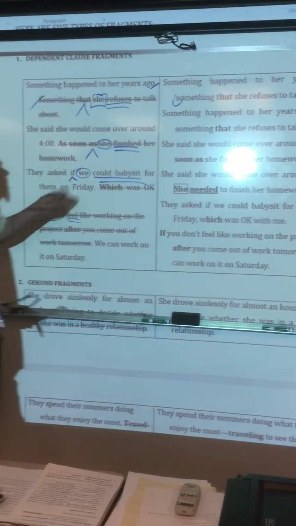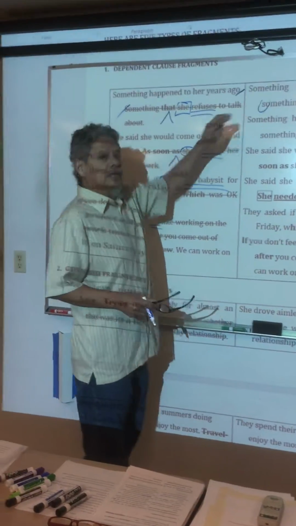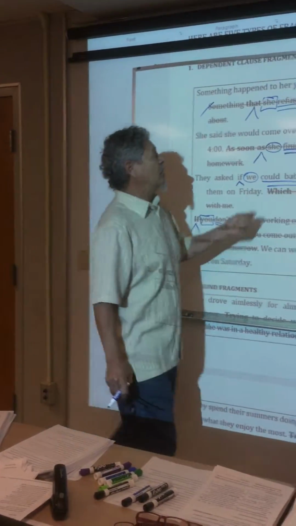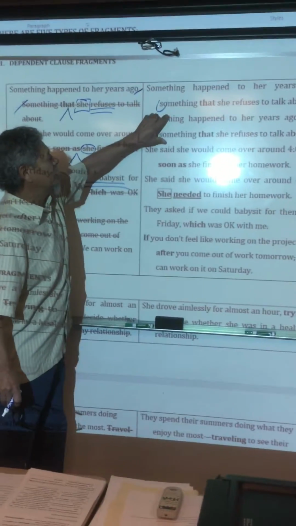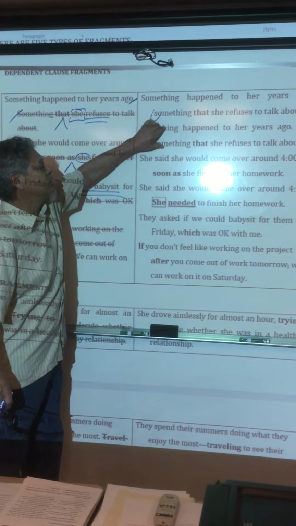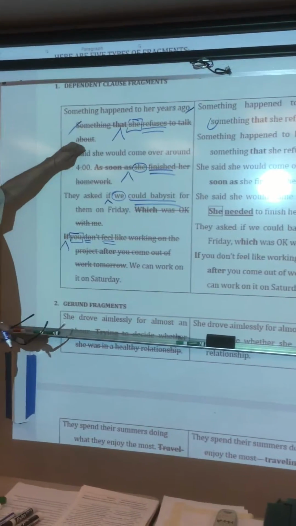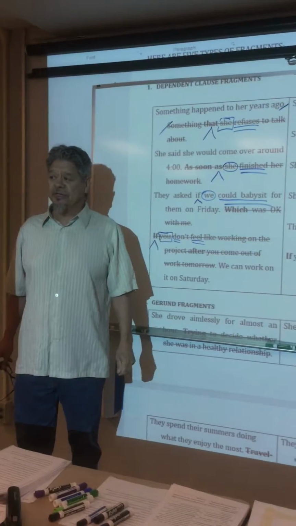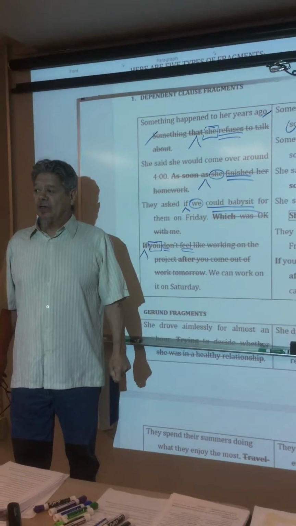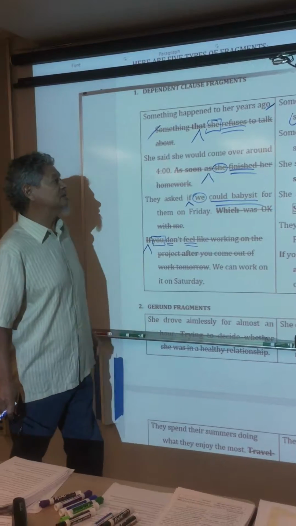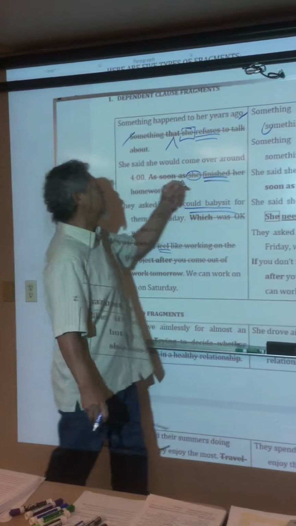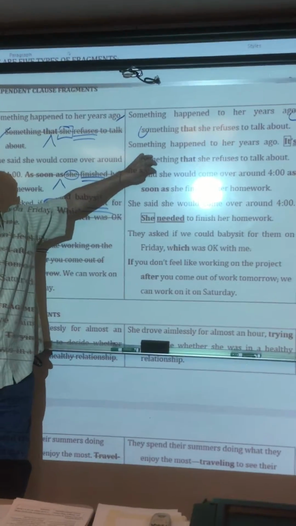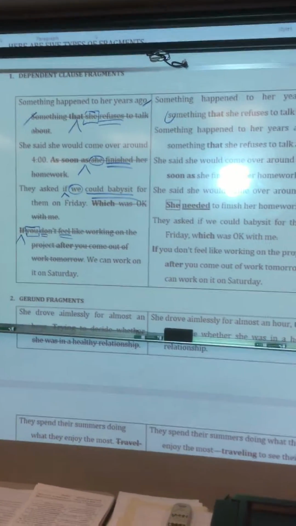Okay, so in this second example, Gregoria, what solution was employed here to join the fragment, or not to join? How was this problem solved here? Can you see that?